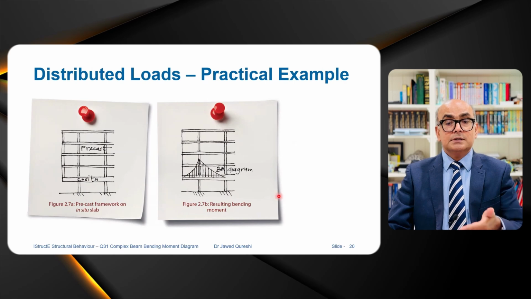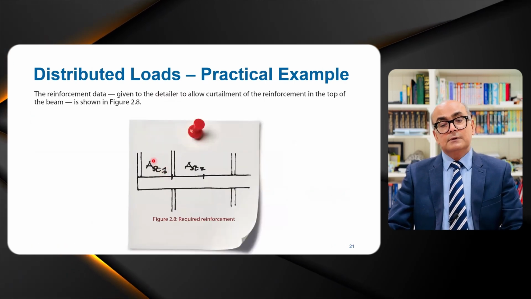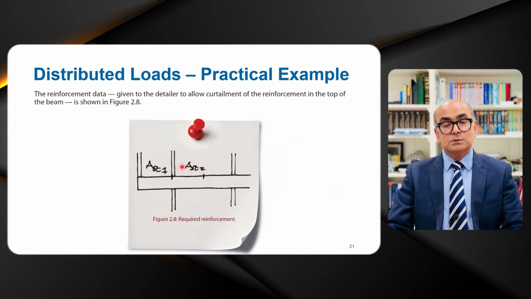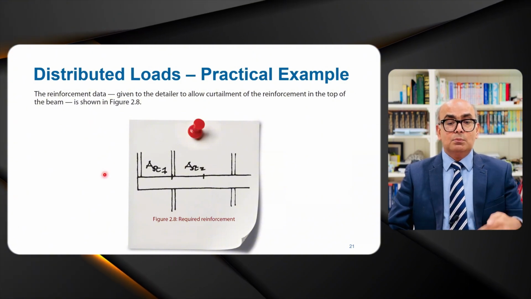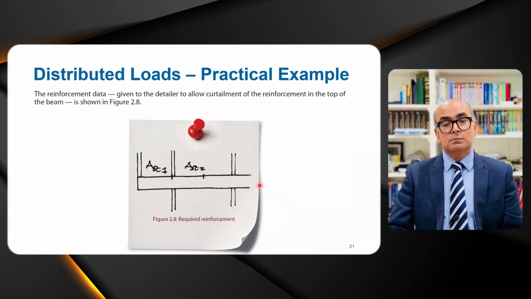And what are the design implications? The detailer gave area of steel at top and area of steel on this side as well. The normal situation is that you will always have negative bending moment here, and then you will have positive bending moment at this point.